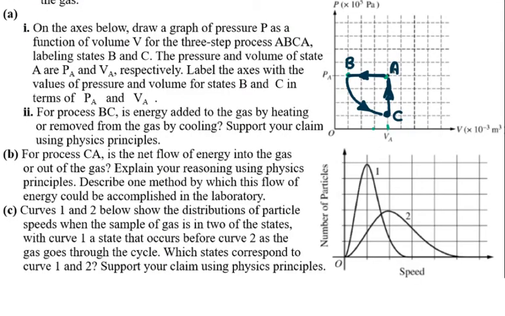For the second part of A, they ask you for process BC, is the energy added to the gas by heating or removed from the gas by cooling? Support your claim using physics principles. So we'll look at the BC where the temperature is staying the same.